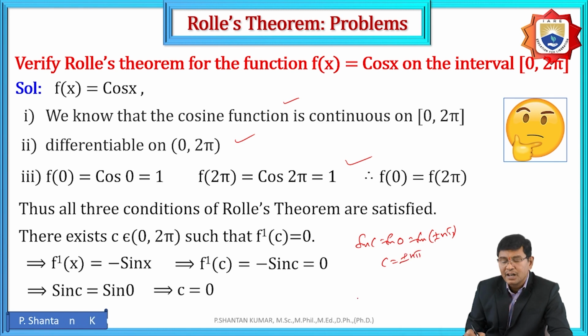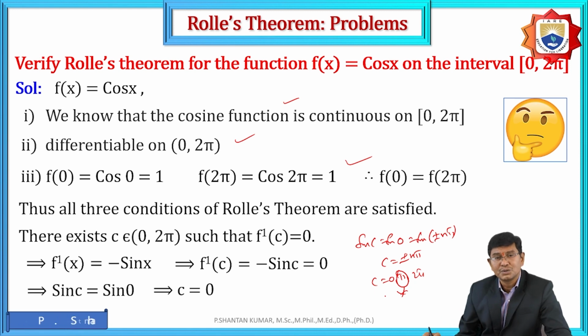With n equal to 1 and n equal to 2 we get pi and also 2 pi. In other terms, we also need to assume pi, which lies in between the given interval 0 comma 2 pi.